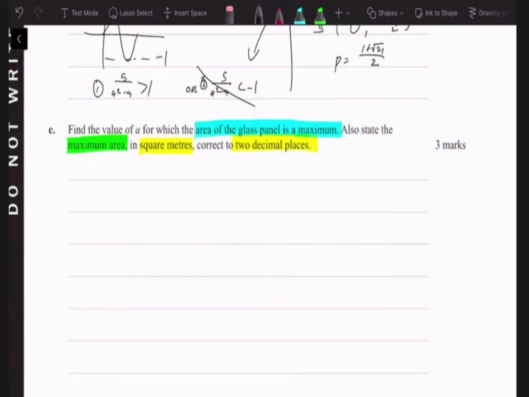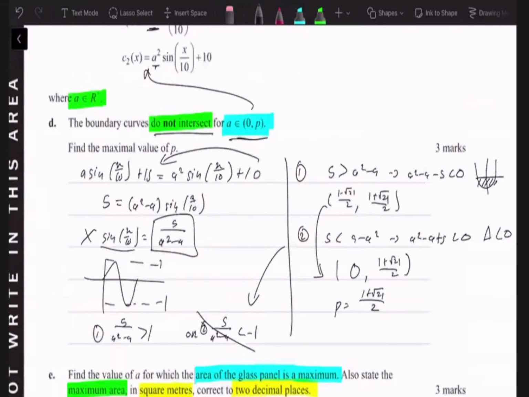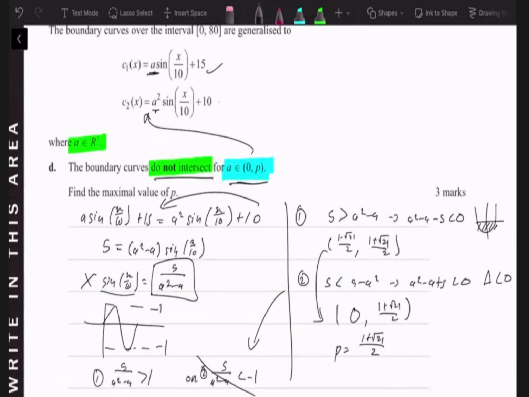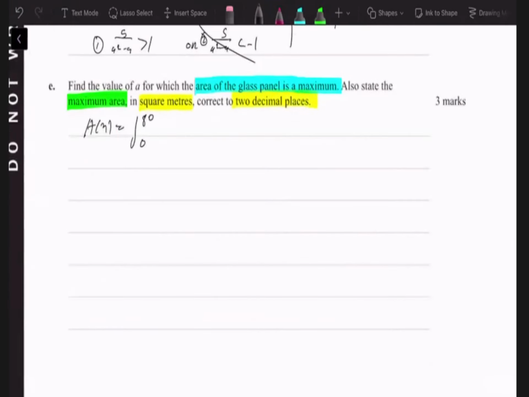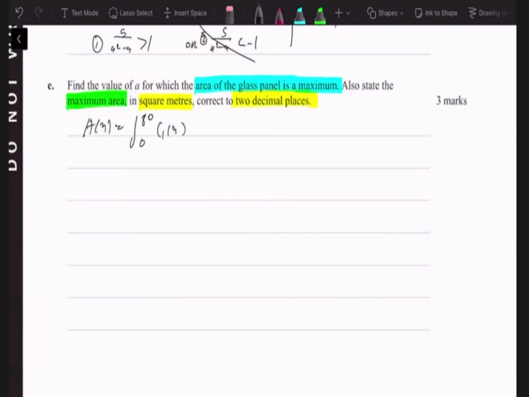Find the value of a for which the shaded area is a maximum. To do this, I just wrote the integral from a to 0. To figure out which one is on top, again, I used the constant values: c1 x minus c2 x dx. Then in your CAS, don't equate it or anything, just put this straight in there.